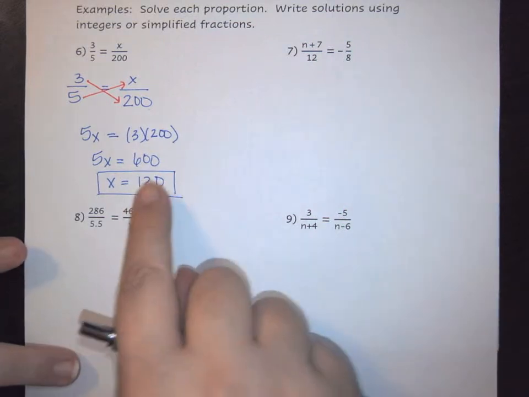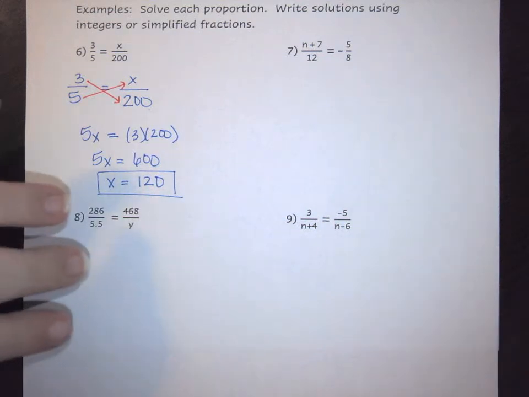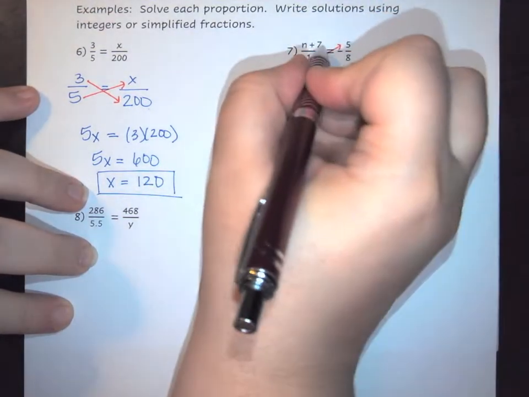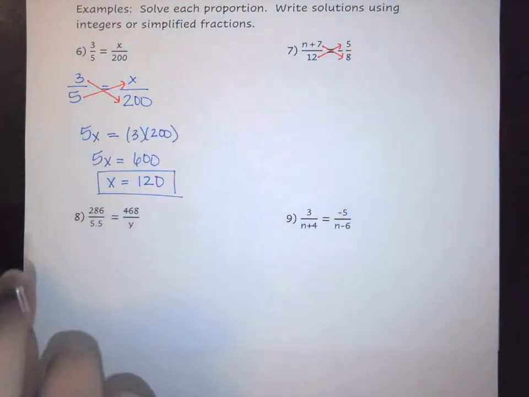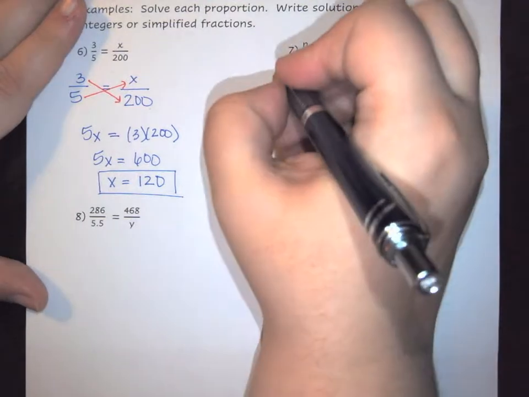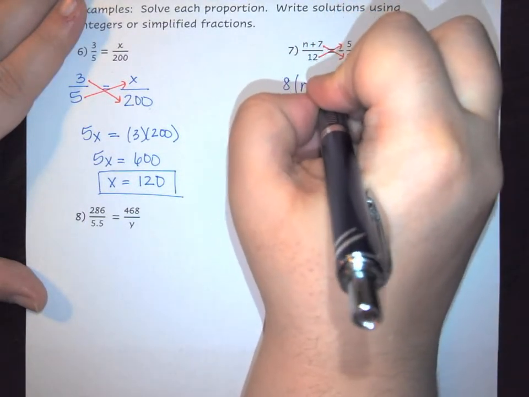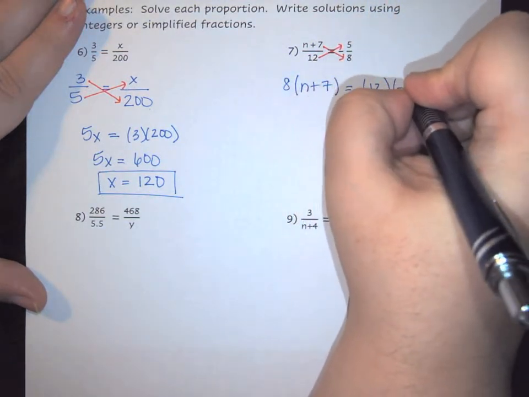Now we can do the same thing if we're dealing with expressions. So again, we are still going to go bottom to the numerator and numerator to denominator, doing that cross product. So here we are going to have 8 times n plus 7 is equal to 12 times -5.